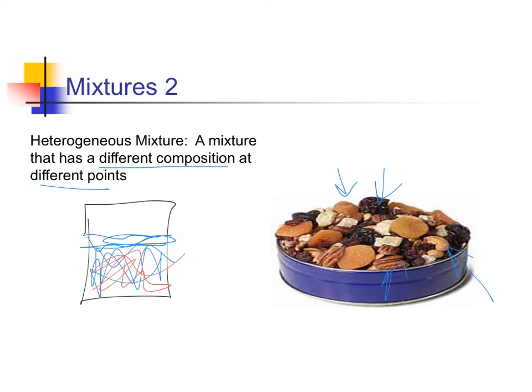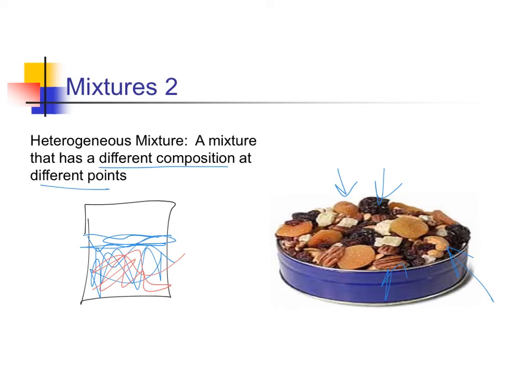You can see there's blue and there's red, and say maybe that's like a sand water mixture. You can see the differences between that. There's different composition at different points, easily seeable, and you can open up a paint can. From the example on the previous slide, we have different compositions inside there as well.